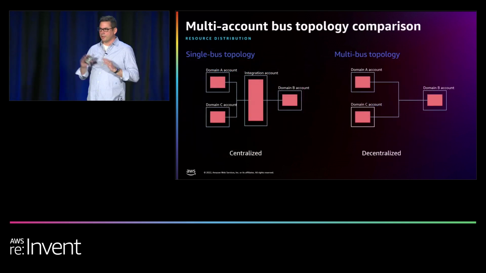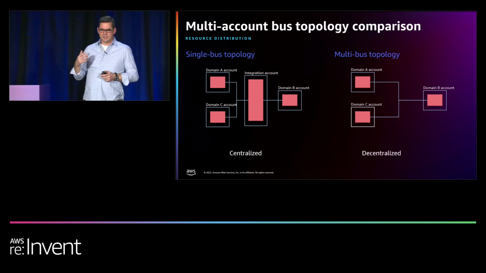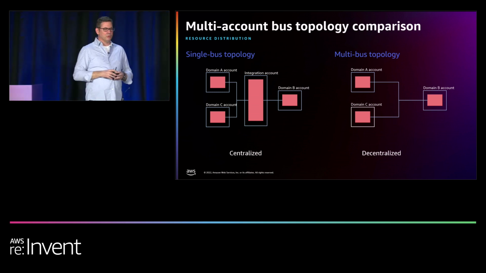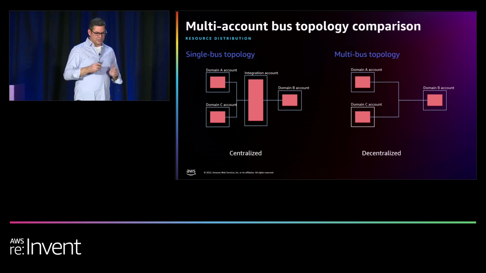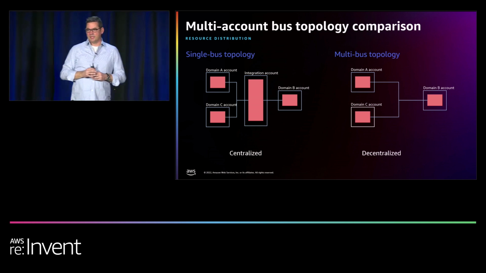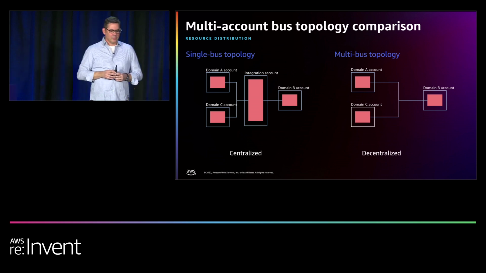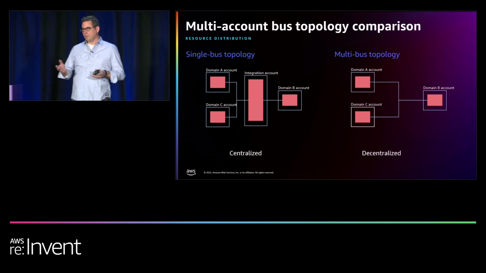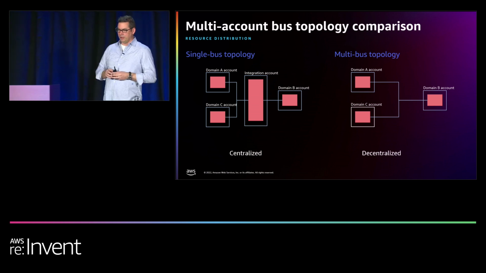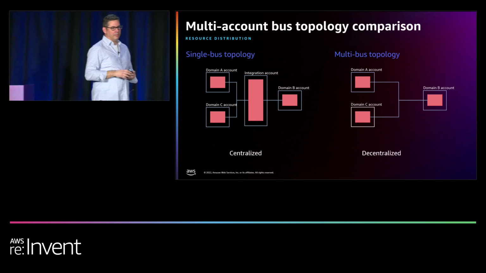So let's remove some of the noise and take a look at some of the similarities and differences between single bus and multi-bus cross-account topologies. One of the things that I've had the chance to think about a lot in the last couple of years is really the distribution of resources in these topologies. Now, the first observation I want to make, which might be fairly obvious, is that a single bus does not mean just one bus.